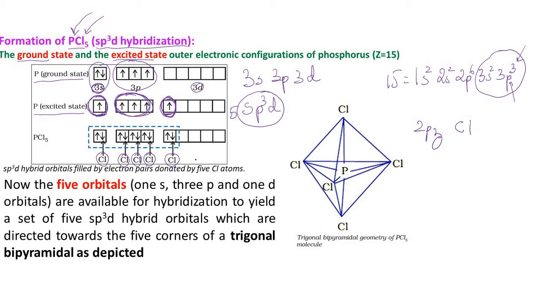All these 5 chlorine atoms will be giving 1 electron each to the phosphorus atom, where you can see here 2 electrons are present. That is involved in bonding. Similarly, this will be the second bond, this will be the third bond, this will be the fourth bond, and this will be the fifth bond, right?